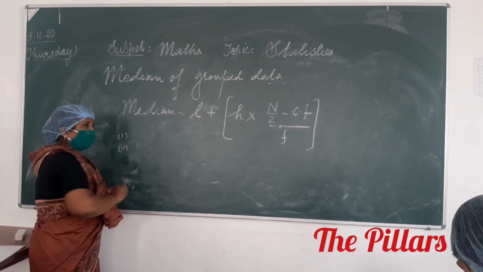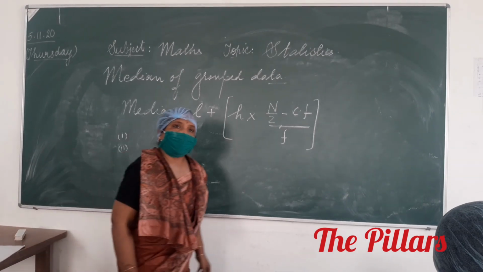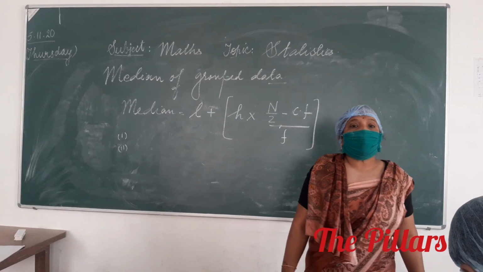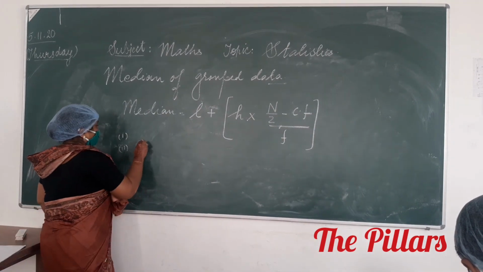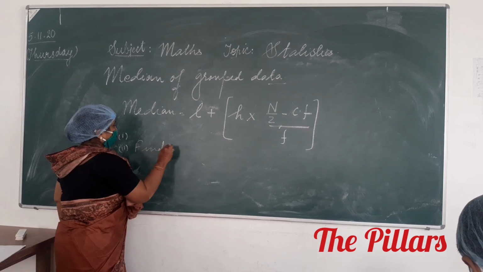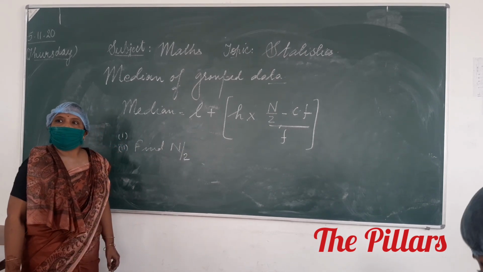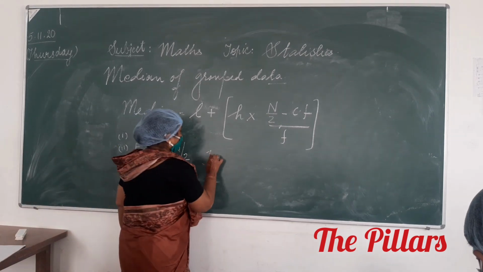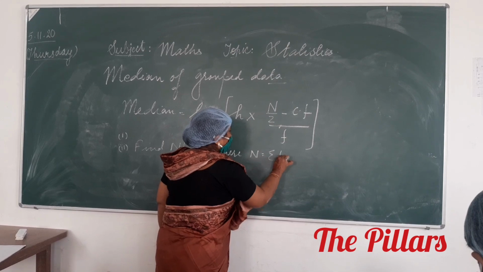Number 2, to find the median class, find n by 2, where n is equal to sigma f.